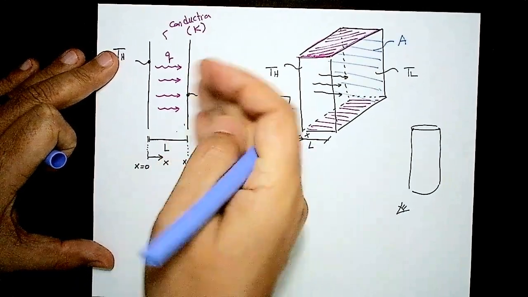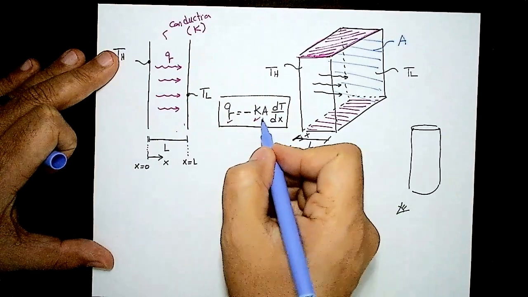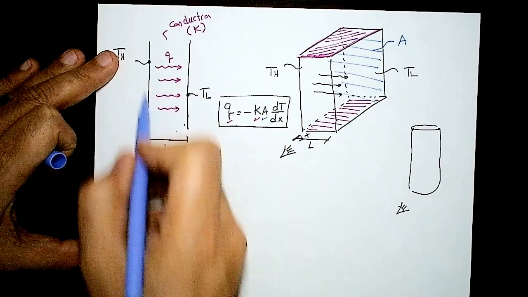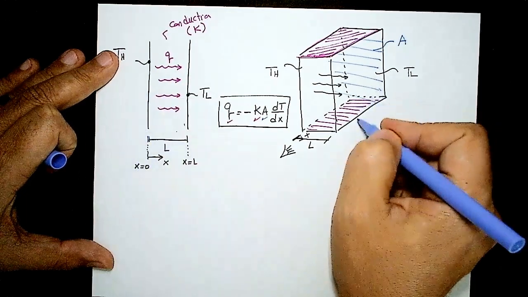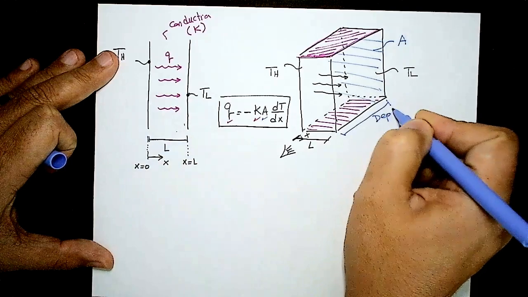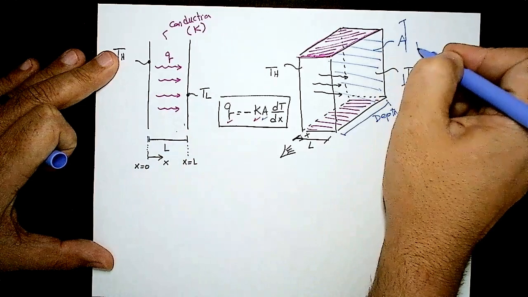So the area is hidden. It's the one inside the page. So keep that in mind. That's what A is. It cannot be L times that height. No, it is calculated from the depth times the height. Please be careful with that.